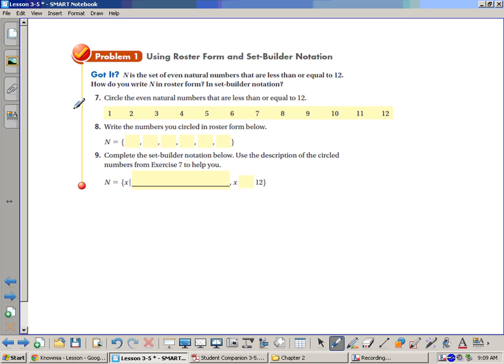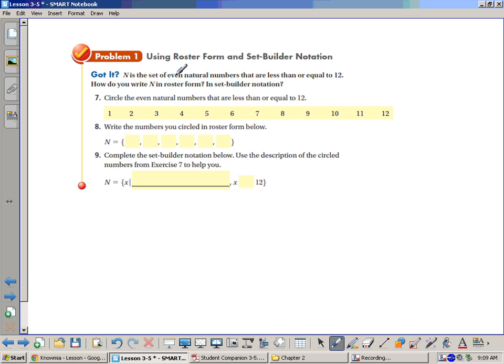So using roster form and set builder form, those are the two different ways that we're going to list things. We're going to let N be the set of even natural numbers that are less than or equal to 12. We've got to learn how to write that in roster form and in set builder form. So if we start with all the natural numbers that are less than or equal to 12, the natural numbers are all the counting numbers, 1, 2, 3, 4, all the way up to 12.